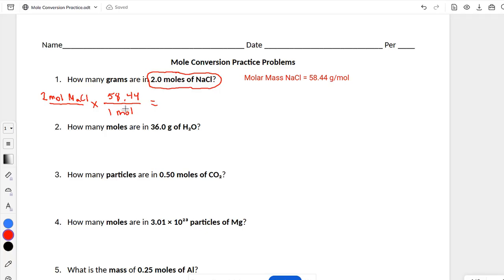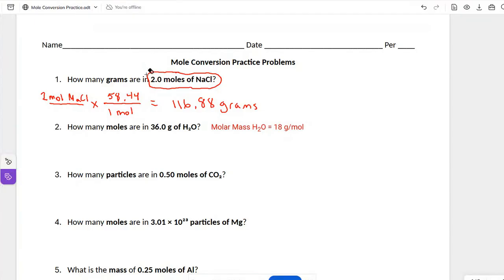So 2 moles of sodium chloride weighs 116.88 grams. All right, so there'll be one like that. That's a moles to grams.